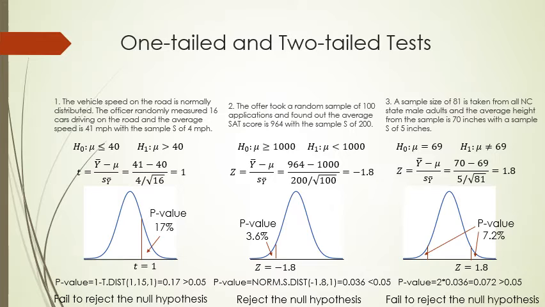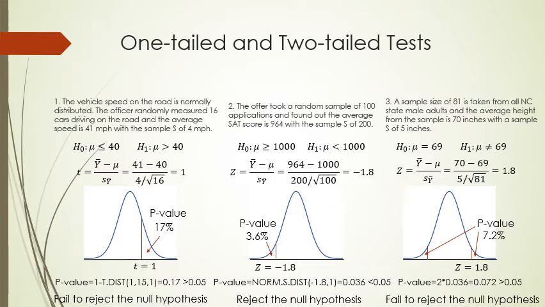The second example is the total SAT score. The officer took a sample of 100 applications and found the average SAT score is 964, and the sample standard deviation is 200. The null hypothesis is mu is greater than or equal to 1000.